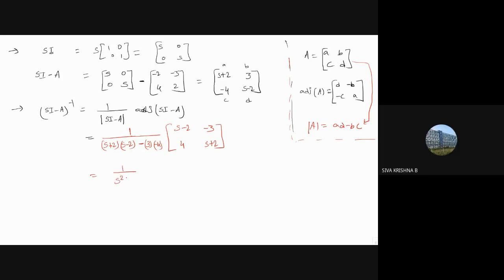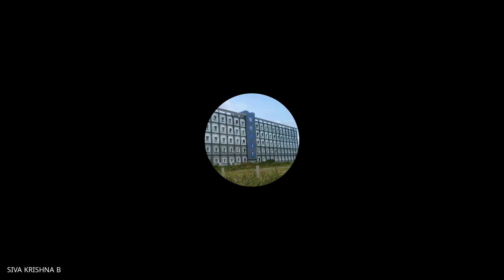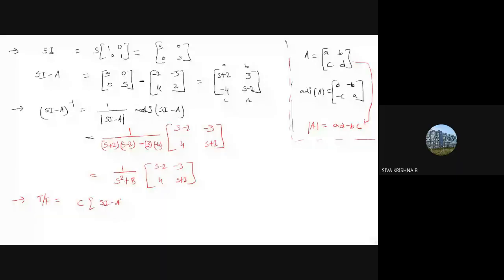Very good. Multiply by 1 by s square plus 8, as simple as that. So all this is s minus 2, minus 3, 4, s plus 2. So now the transfer function equals C into sI minus A whole inverse into B plus D.